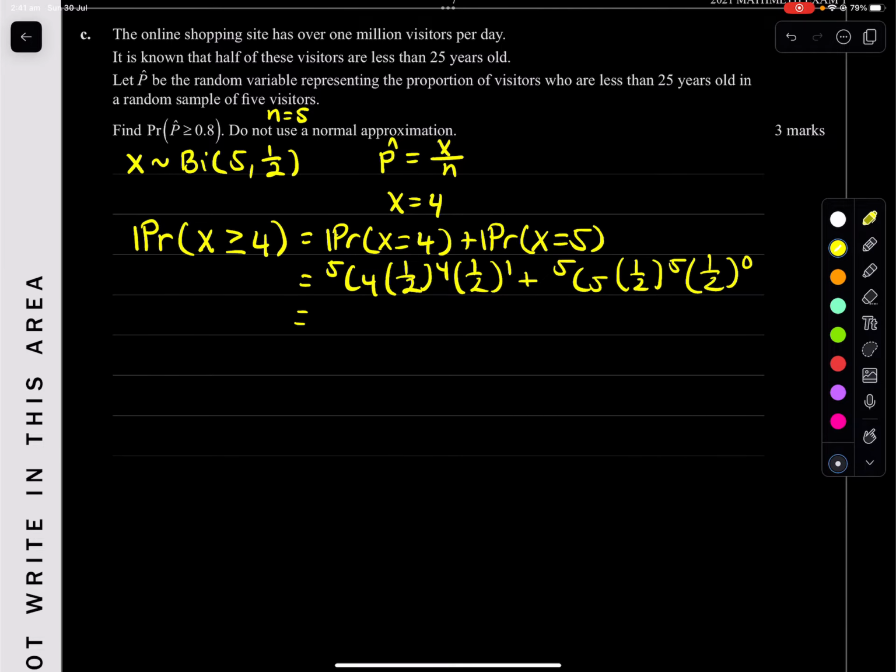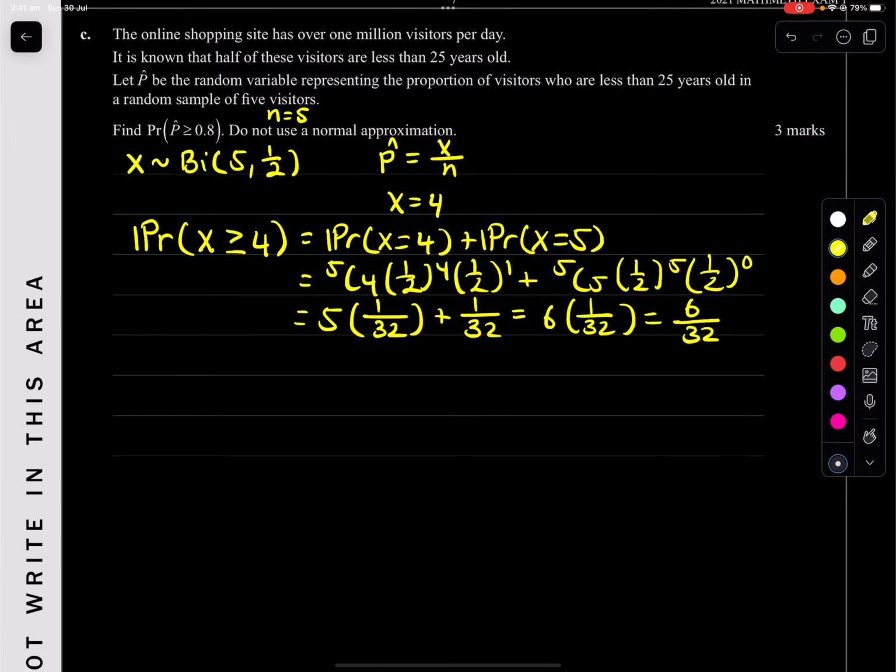So 5 choose 4 is 5, so that'll be 5 over 16 times 2, which is 32, plus 1 over 32. So 6 over 32, and that simplifies to 3 over 16. Yep, 3 over 16 is the most simplified form.